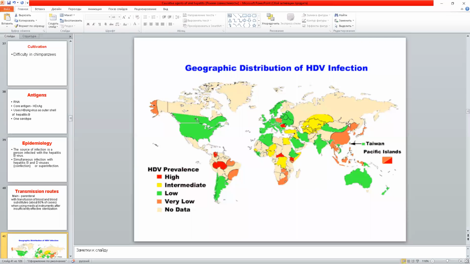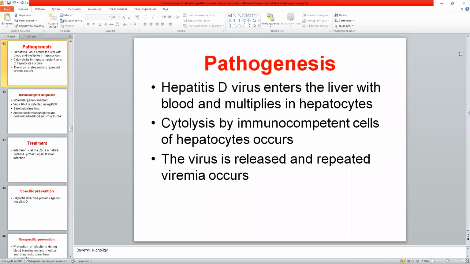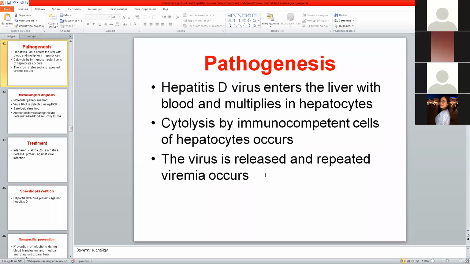Other countries, no data about HDV distribution. Pathogenesis. Hepatitis D virus enters the liver with blood and multiplies in hepatocytes. Cytolysis of hepatocytes by immunocompetent cells occurs again, and the virus is released and the replication cycle repeats.